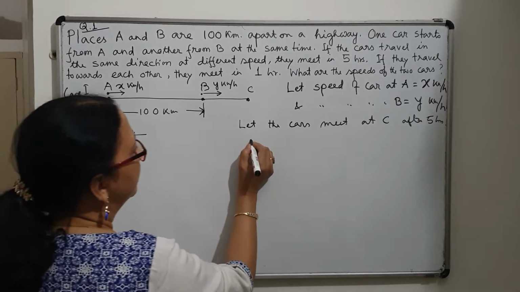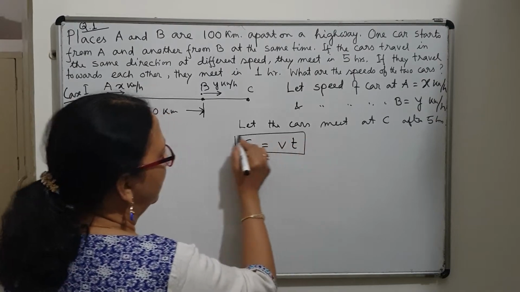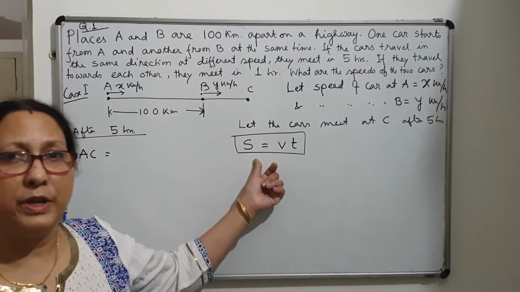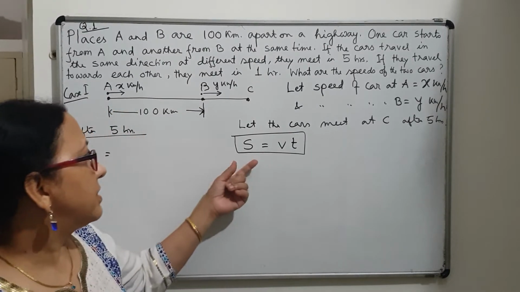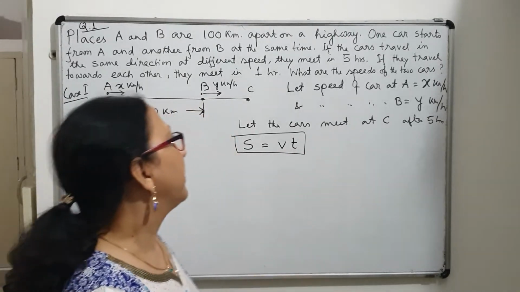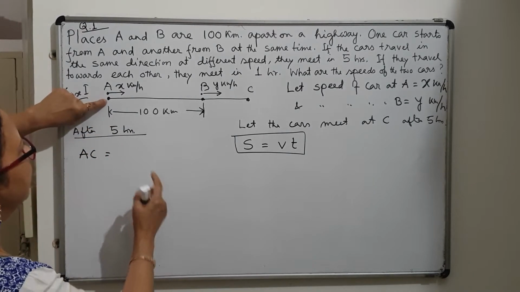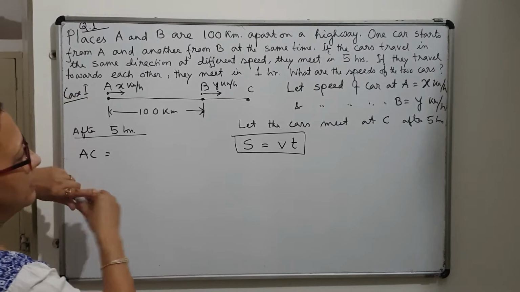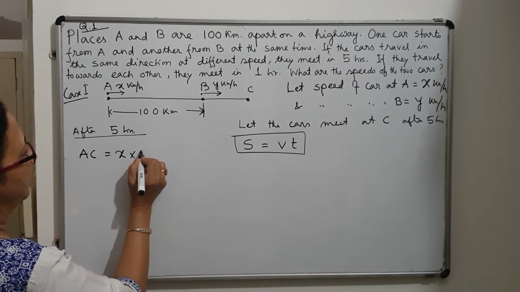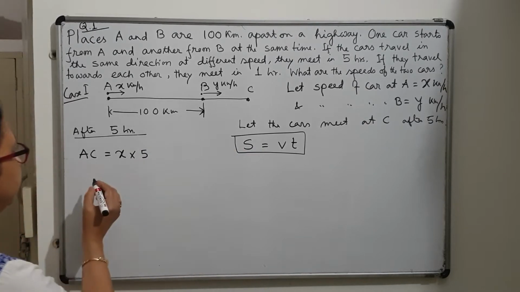Distance is equal to speed into time. This formula we have come across in physics class: when a body is moving at uniform speed, the distance traveled by the body is equal to the product of the uniform speed and the time taken. Using this formula, the distance traveled by the car at A is AC, so AC will be equal to V, the speed, which is x, into the time taken, 5.